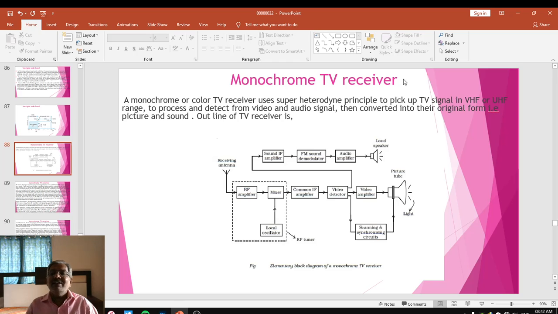It is a receiver that is tuned to the transmitting antenna, to the transmitter, and is capable of receiving the picture information transmitted by the transmitter in the electromagnetic radiation.